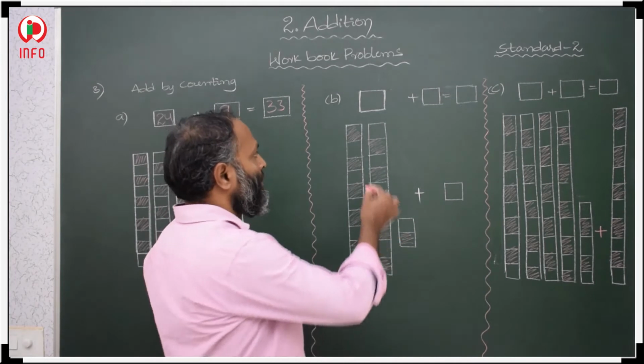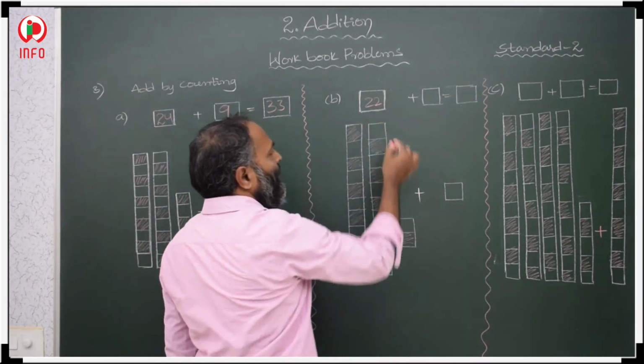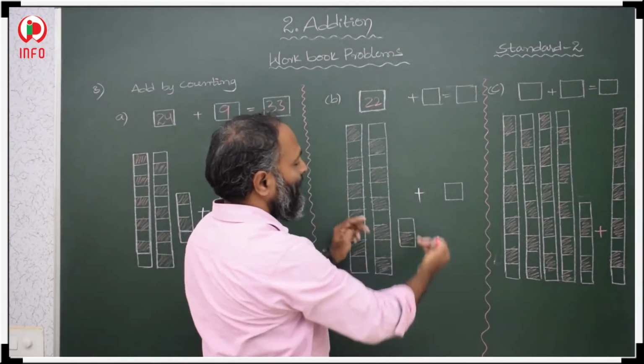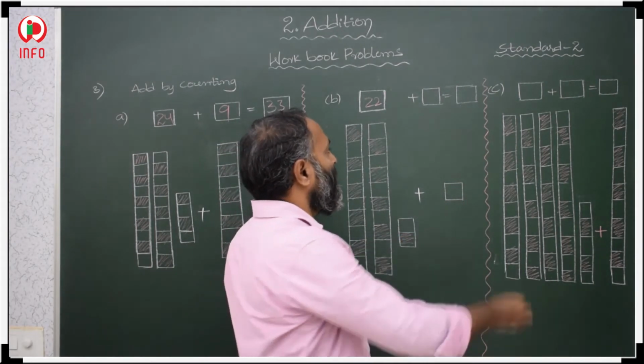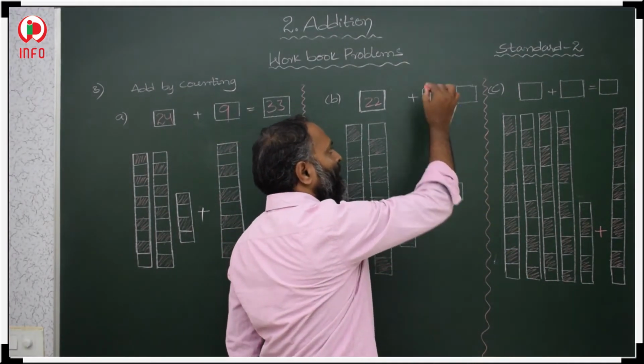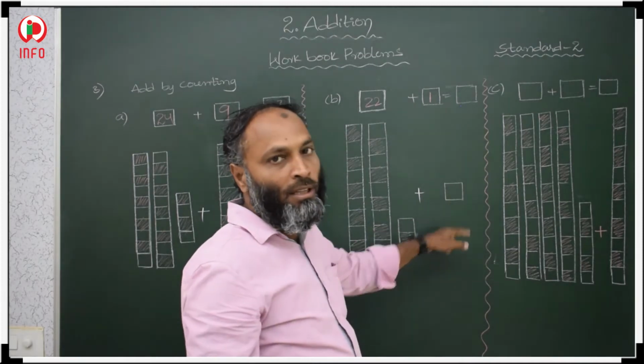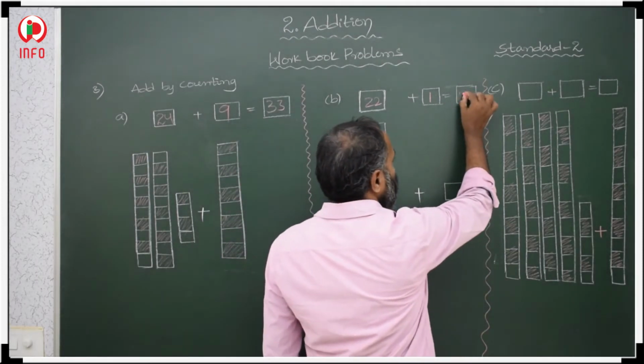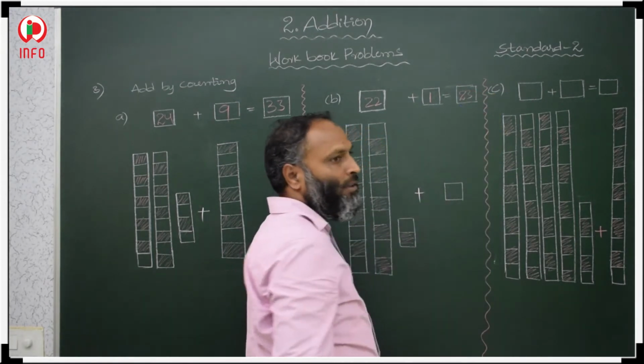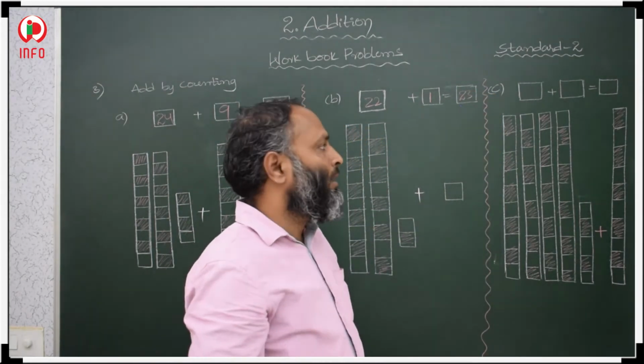Total 22 boxes were there in the first set. In the second set, 1 box. 22 plus 1 is 23. Total how many boxes? 23 boxes.